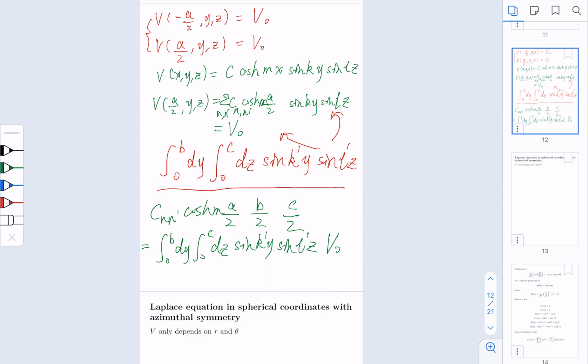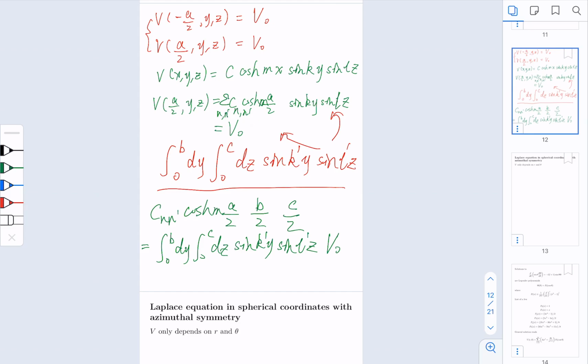So what this essentially does is find the overlap of the original boundary condition with this 2D Fourier series, and this C n n prime is simply the overlapping coefficient.